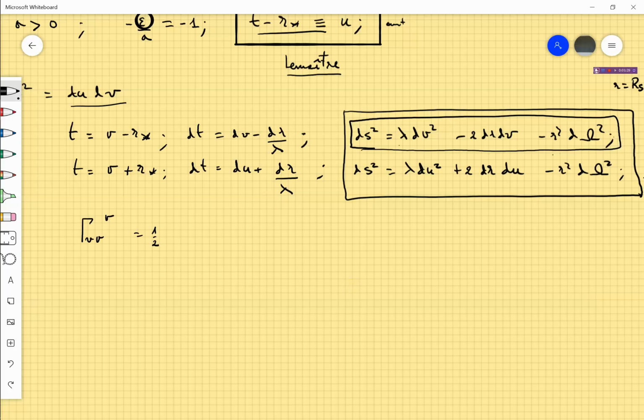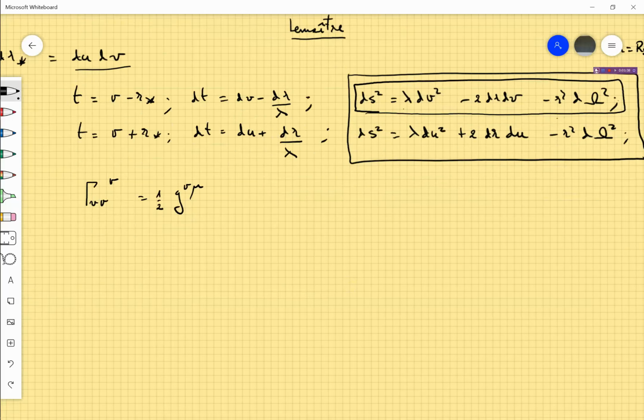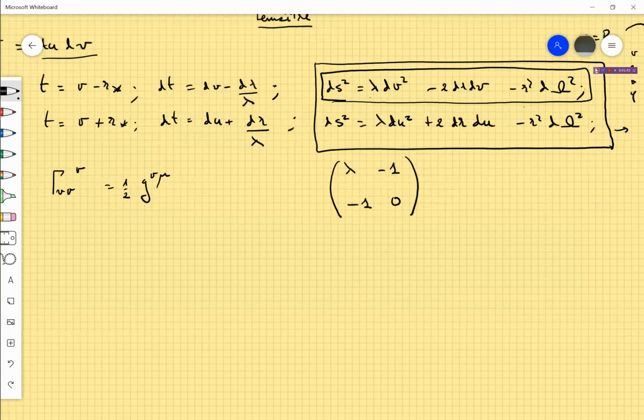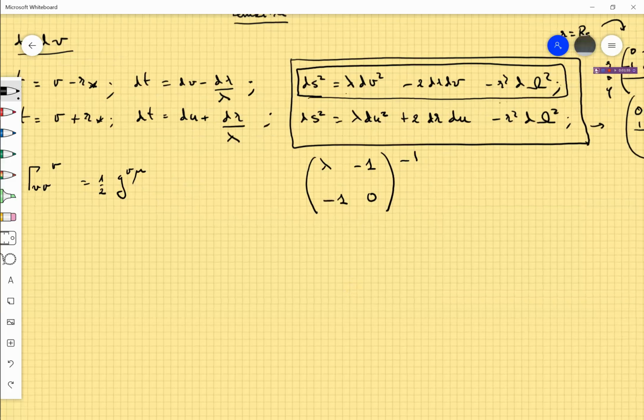And okay, then the first thing that you see is that you need to compute the inverse metric. Okay, because the metric is block diagonal, we just have to invert this metric, and this would be the corresponding block in the inverted complete metric.